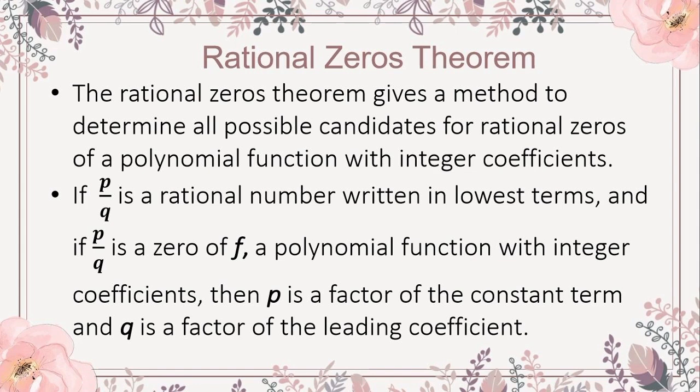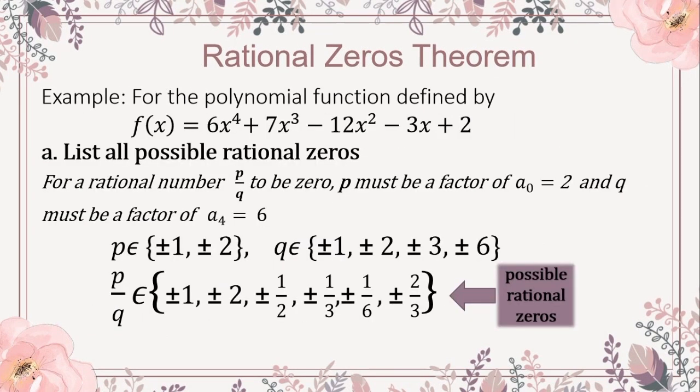By identifying these factors, we can list all possible rational roots, right? And we can also test those candidates to see which ones are solutions. This method saves time and effort by focusing only on likely candidates rather than guessing or checking every possible number.